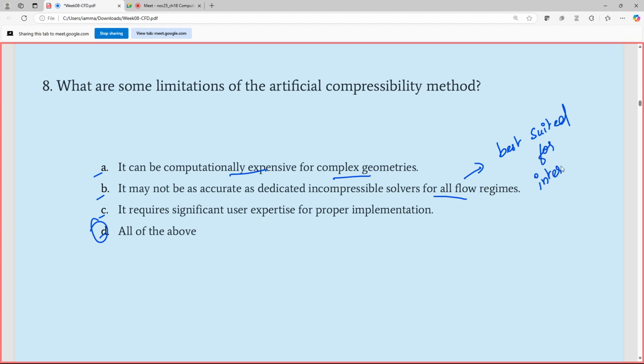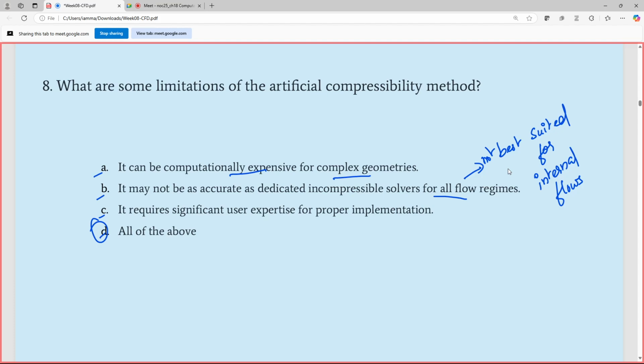internal flows. Suppose our flow regime is inside a tube or duct, that kind of flow regime, then artificial compressibility method may not be best suited for internal flows.